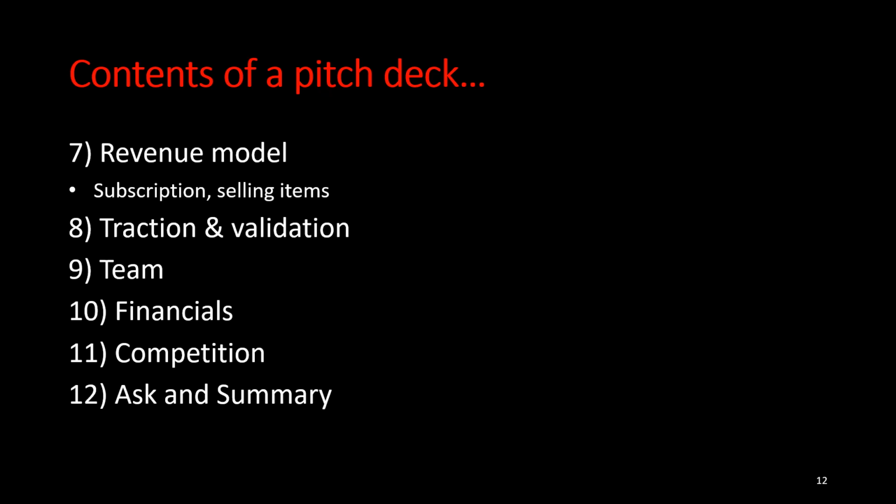There is a book that I read and it says, if people are ready to give you their emails, then they are ready to buy your product. So for instance, you have a tech solution and people are ready to register, even if they're not paying for it. It means these people are already ready to pay for this particular service. So in the traction and validation, you'll tell us the number of potential customers that you have. Maybe you've already saved them, or maybe they have communicated with you in one way or another.